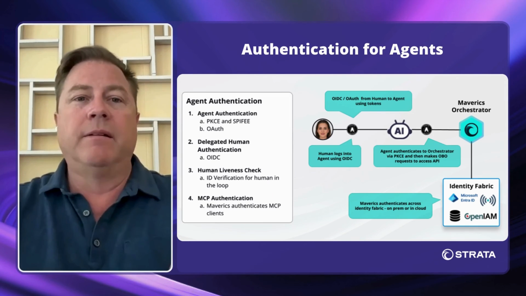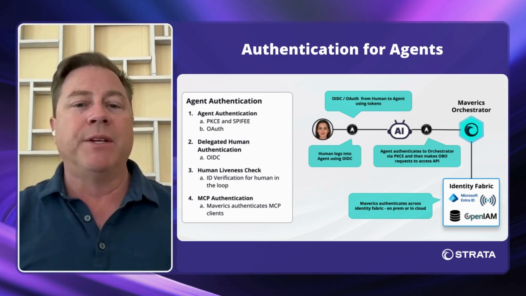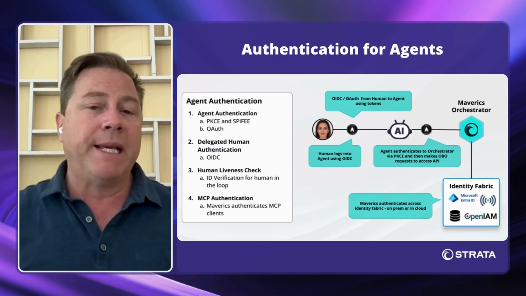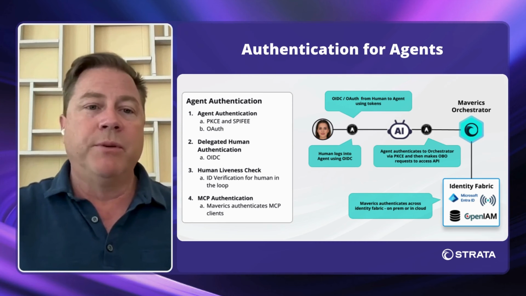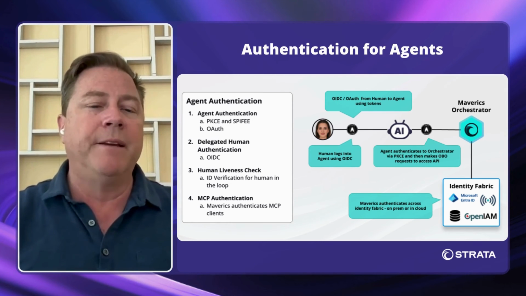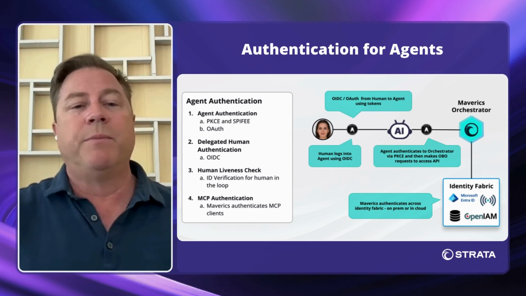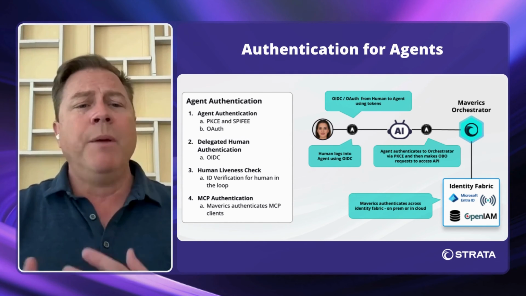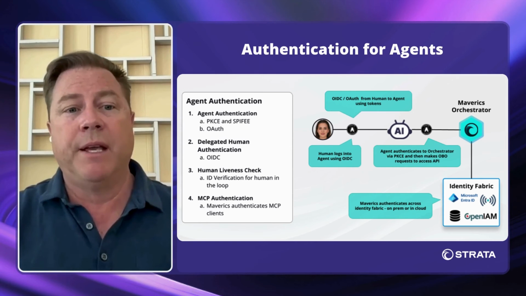A little more detail on the authentication for the agents, the steps that go through here. By default, we use OAuth PKCE, but there's another approach using SPIFFE and SPIRE, kind of an alternate path. If you prefer to use SPIFFE, it's another way to securely identify an agent, but it's really about using standards in either case.